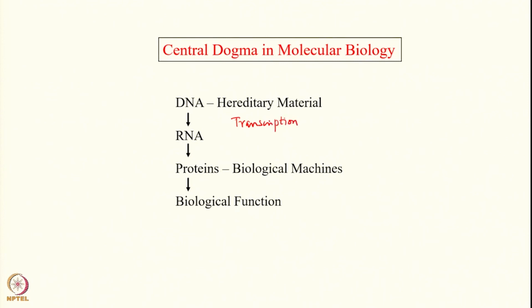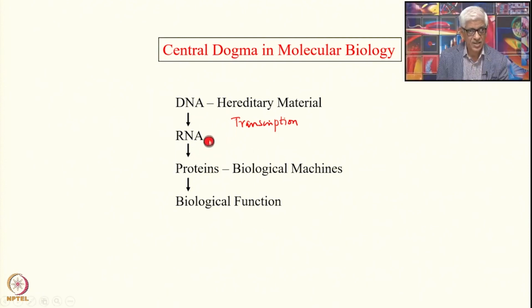And from the messenger RNA you have what are called the proteins. So there is a kind of code in this which is called the genetic code, and this genetic code describes what kind of protein has to be produced. And you know the proteins are made up of amino acids.